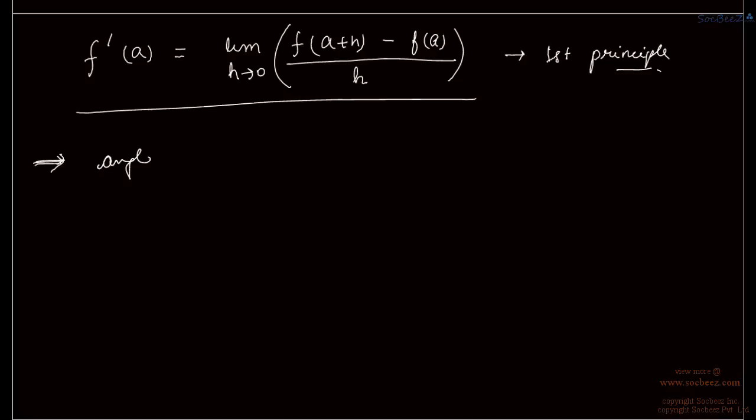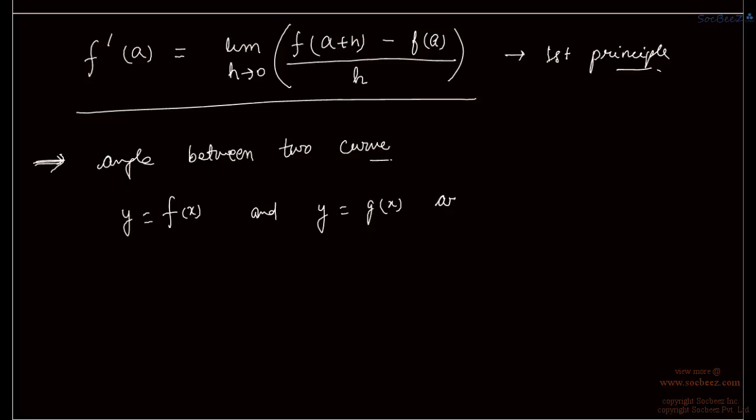Angle between two curves. So let us have two curves, y is equal to f(x) and y is equal to g(x), which intersect at the point where f(x) is equal to g(x), right?